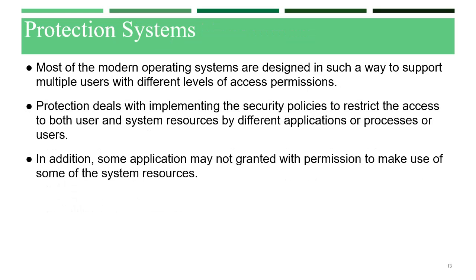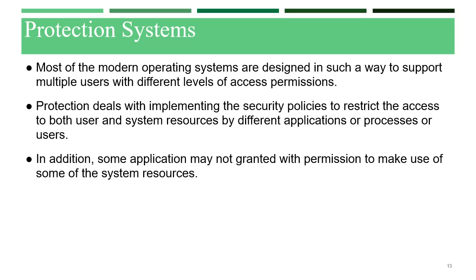Protection systems. Most modern operating systems are designed to support multiple users with different levels of access permissions, like Windows XP with user permissions such as administrator, standard, restricted, etc. Protection deals with implementing security policies to restrict access to both user and system resources by different applications, processes or users.